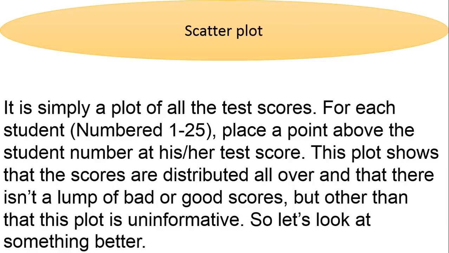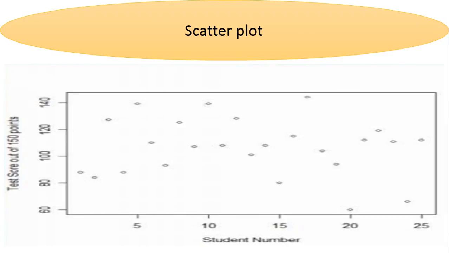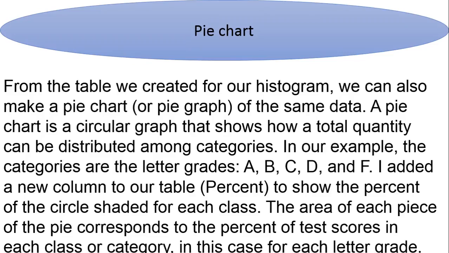But other than that, this plot is uninformative, very uninformative. In the representation of the scatter plot, for each student number 1 to 25, we just represent on the y-axis his score, and you can see the scatter plot right now on your screen. The other representation in this example is the pie chart.